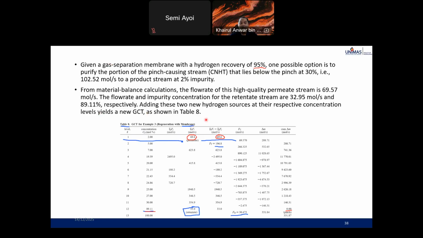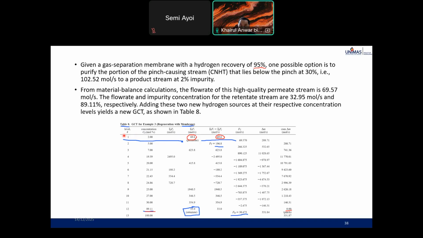Okay. So after that, since we have two additional streams, from the additional streams we create another table. This is for the case with regeneration. So meaning you have at least three gas cascade tables, starting from the FF of 0.